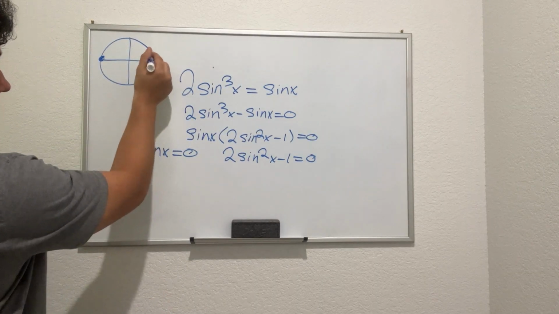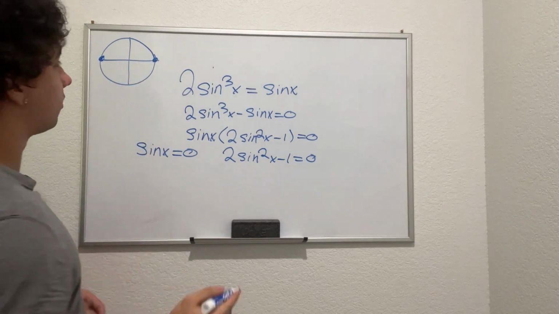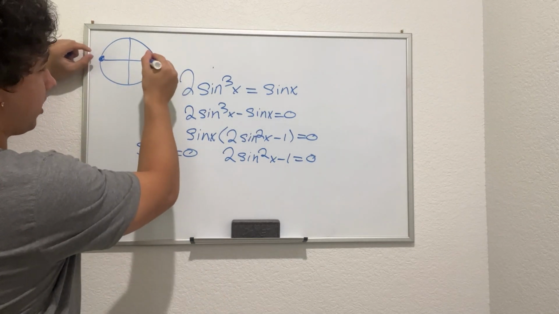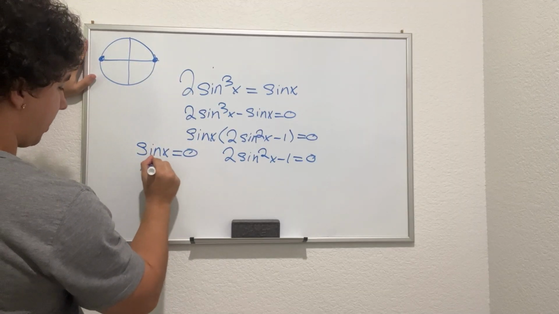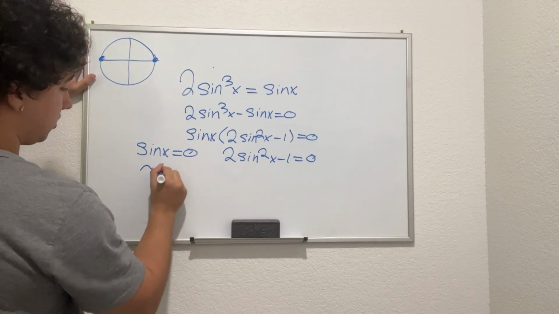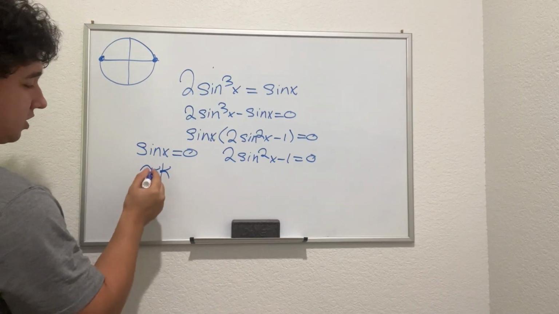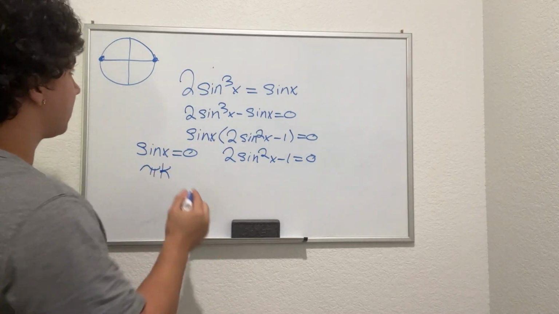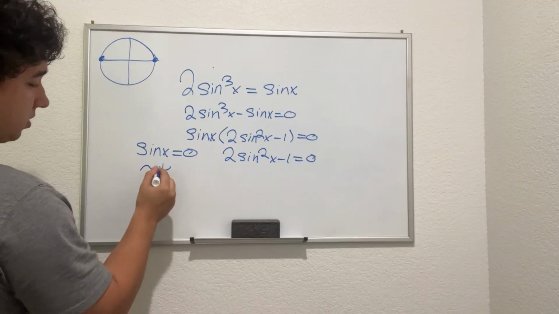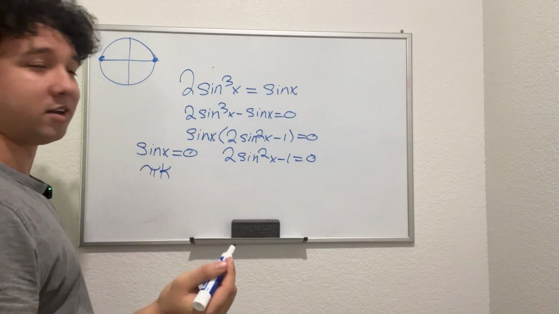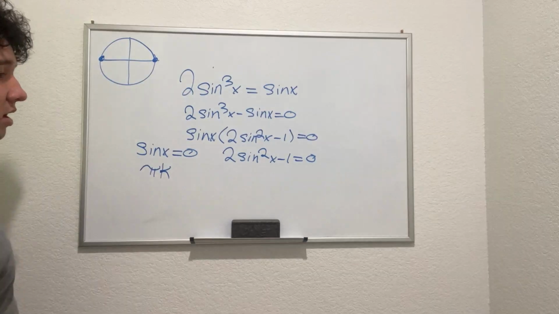So right here is like 2 pi or that 0 form, and this is pi. I'm gonna put this one because I don't want to put 2 pi or 0. So pi k. The reason why is because pi plus pi k is the same thing as just pi k. Multiplying by whatever integer is gonna get me to pi plus pi k, so that's redundant. I don't need it. So this is gonna be one of my answers.